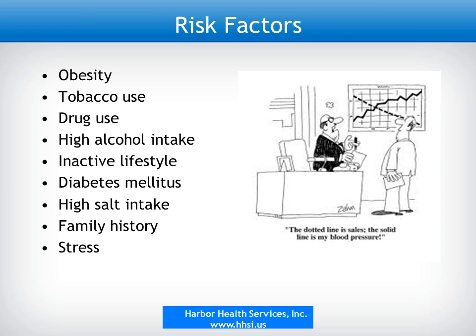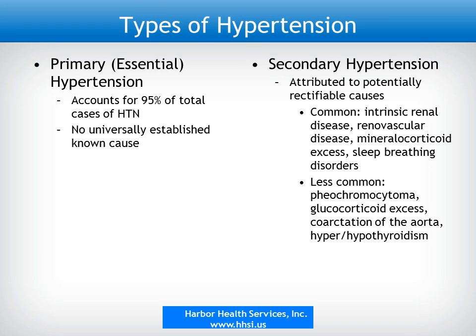So, risk factors for hypertension, these are pretty self-explanatory: obesity, tobacco use, drug use, high alcohol intake, inactive lifestyle, diabetes, high salt intake, family history, and stress. There's two types of hypertension. There's primary or essential hypertension, which is what most people have.